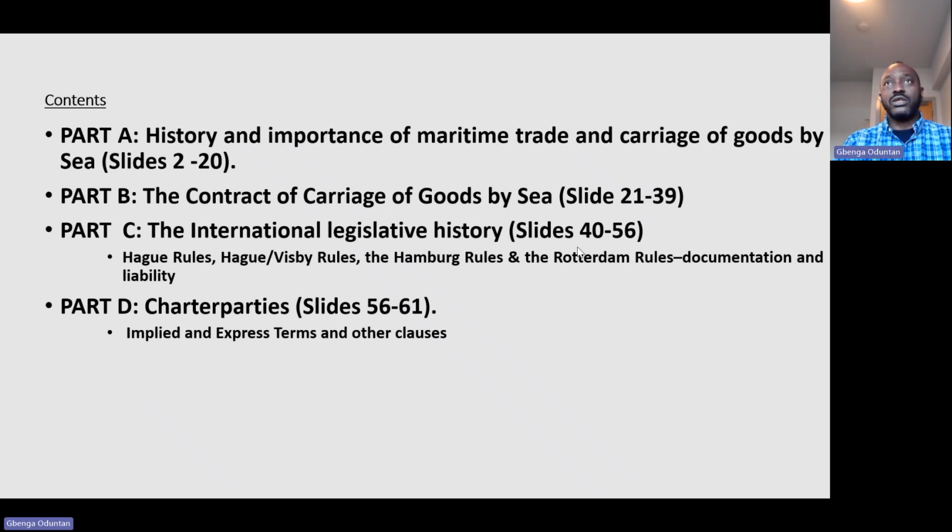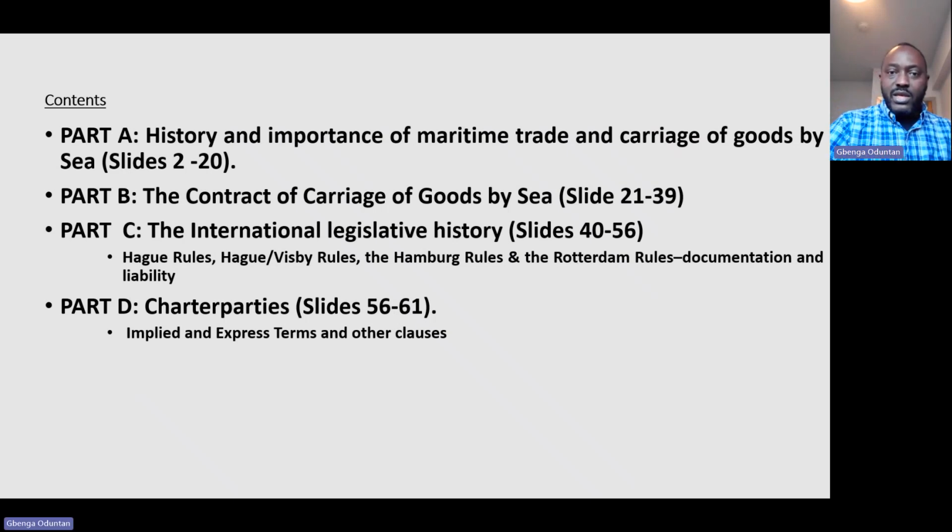And of course, we'll look at charter parties, which is the charter of an entire ship by the charterer from the ship owner, referring to those massive quantities that can only be covered and governed by the law around charter parties.